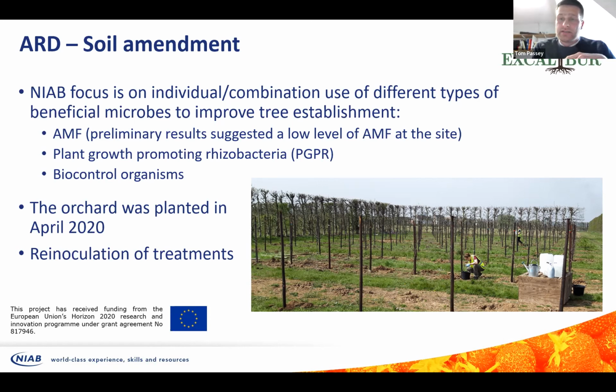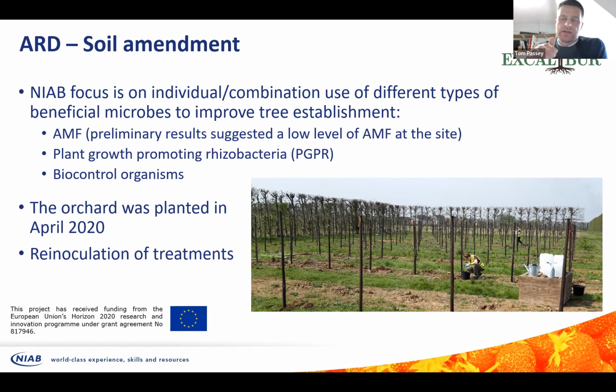So we re-inoculated last spring, and we will re-inoculate this spring. And what we're interested to see is how the trees that have been re-inoculated compare to those that were only treated at planting, and see if you do need to keep reapplying some of these beneficials to really have an effect going through.